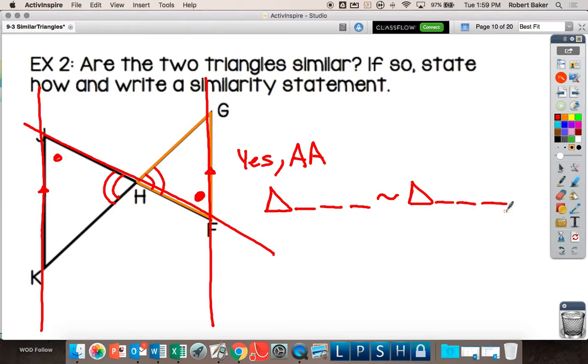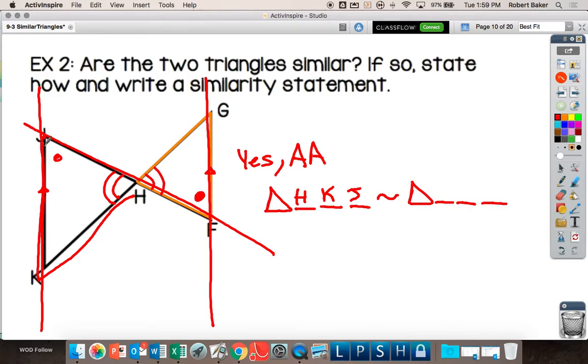So, do you want to name the black triangle first or the orange triangle? The black triangle? So name the black triangle. Doesn't matter how you name it. H, K, J. So we went from the 2 to the blank to the dot.